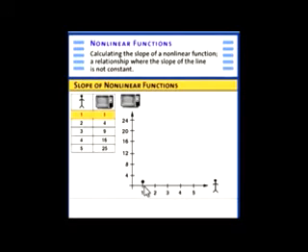So that's going to be at this point right here. 3 workers are able to produce 9 television sets, so that gives me a point like this. 4 workers are able to produce 16 television sets, so follow this line up here to 16. And 5 workers can produce 25 television sets, so follow this line all the way up to 25, which will be right here.